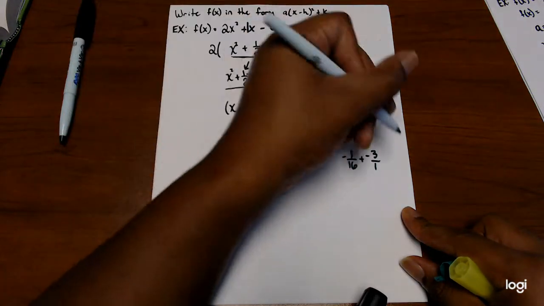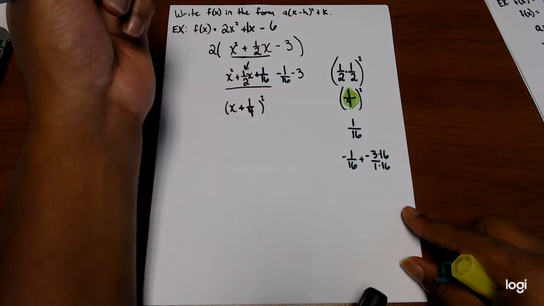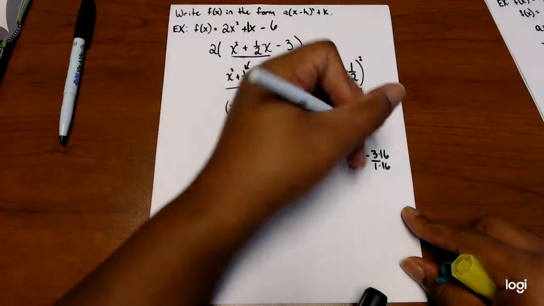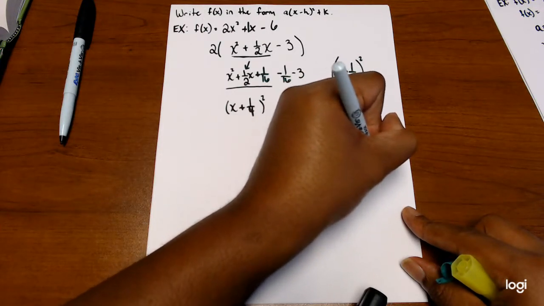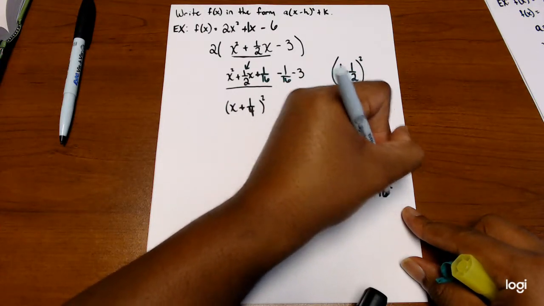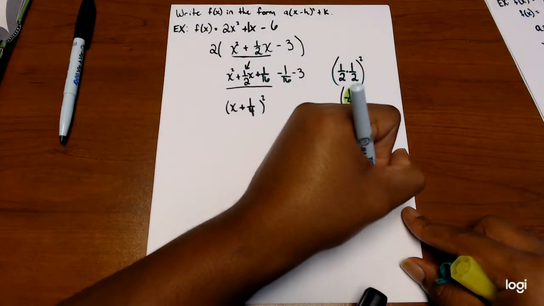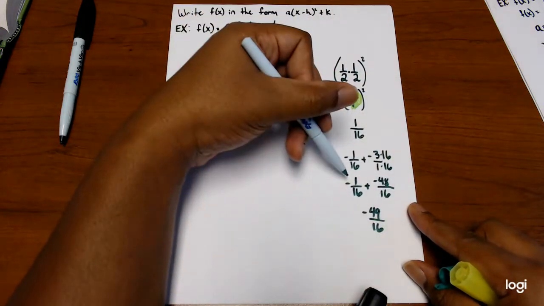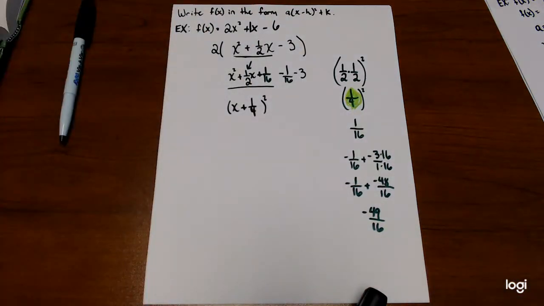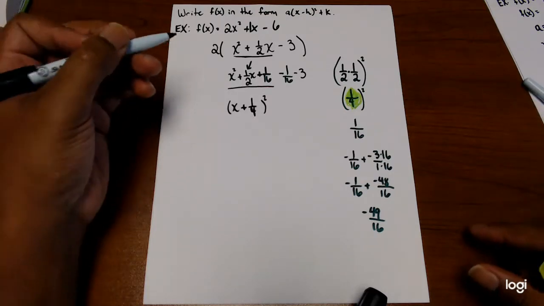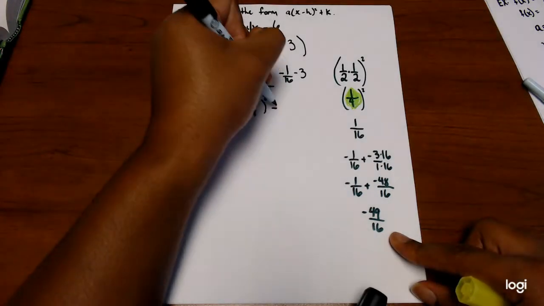So let's multiply by 16/16 right here. Then this becomes negative 1/16 plus negative 48/16, which is then negative 49/16, because I add my numerators and leave the denominator the same. So negative 1/16 minus 3 is negative 49/16.